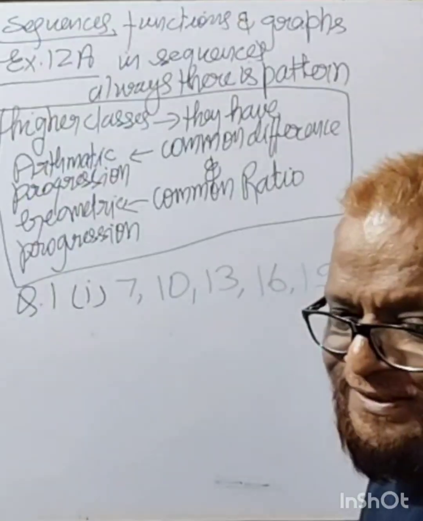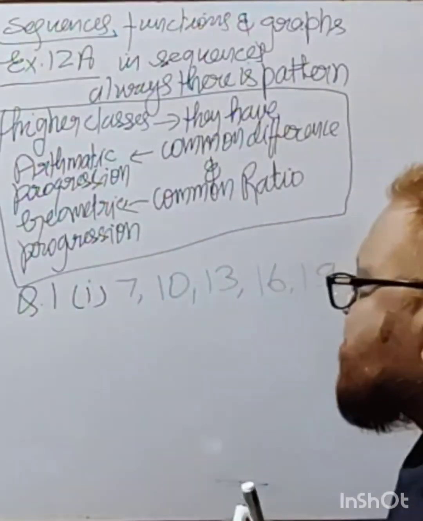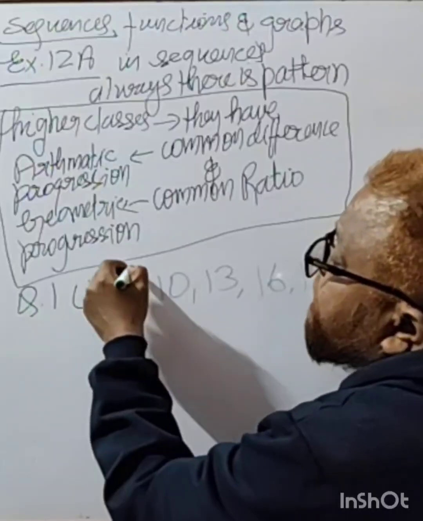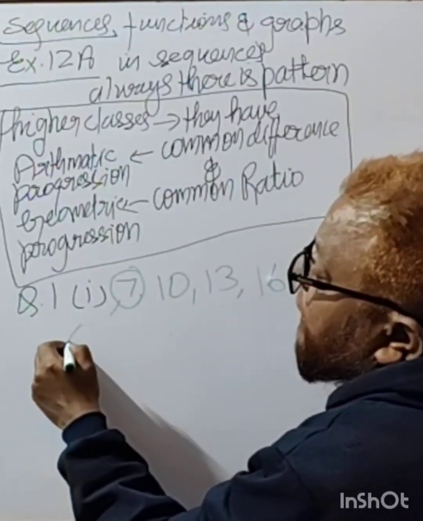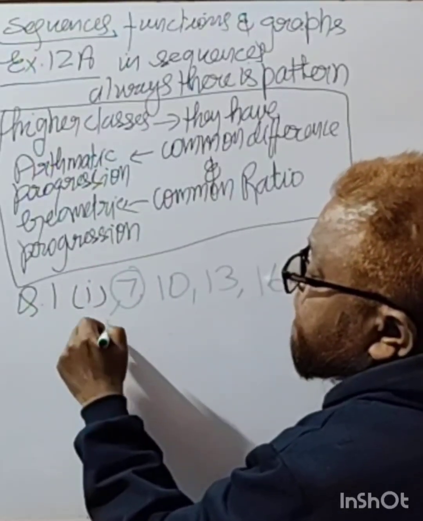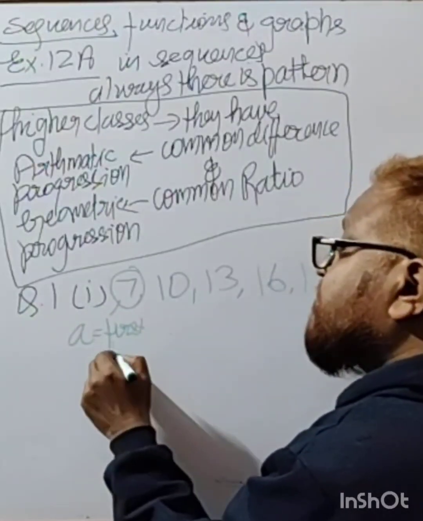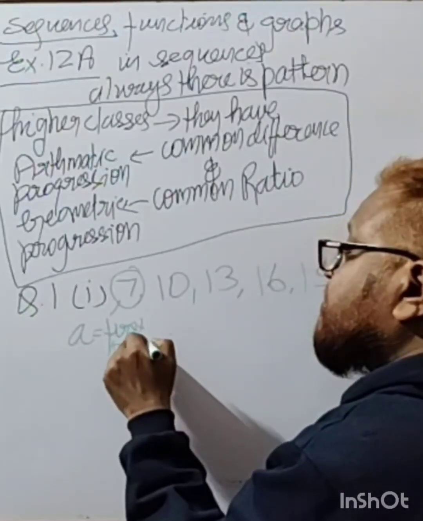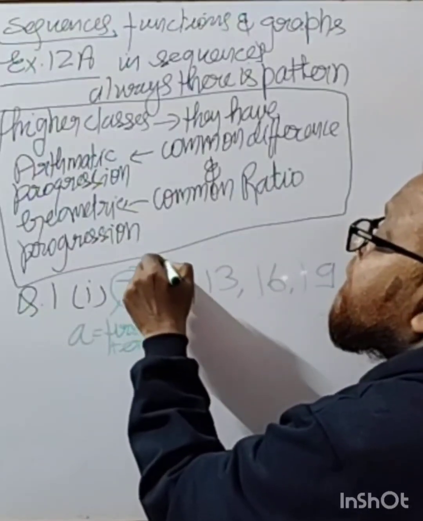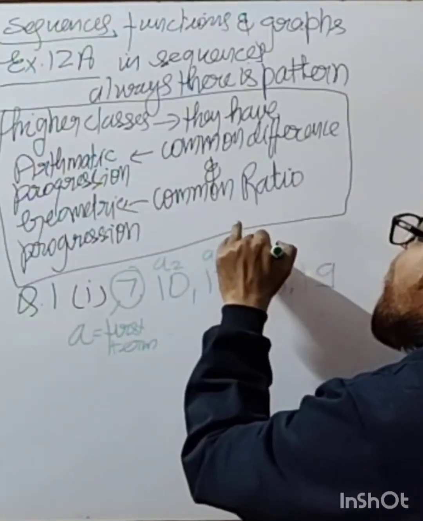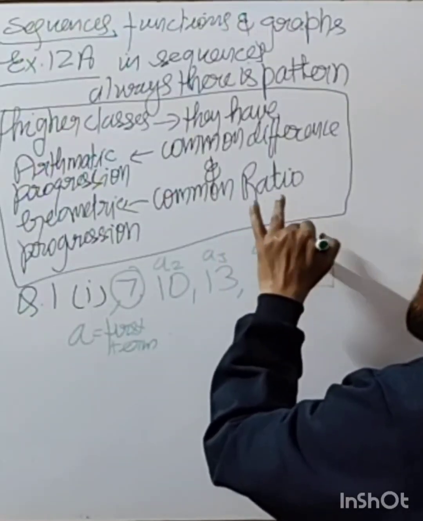Do you get this? So this is the first term. We call it A. A is the first term. This is A2, this is A3, this is A4, this is A5.